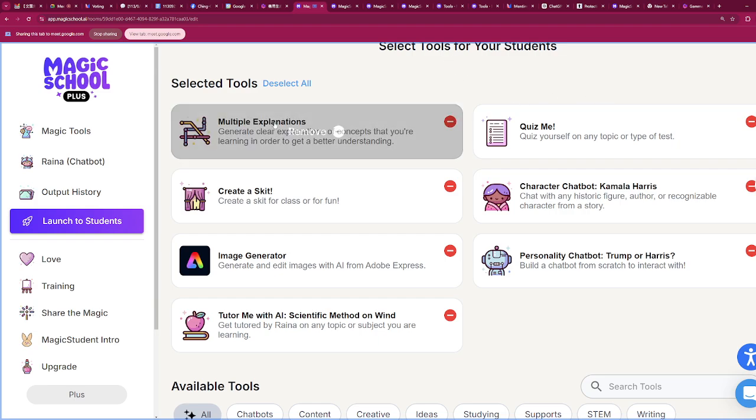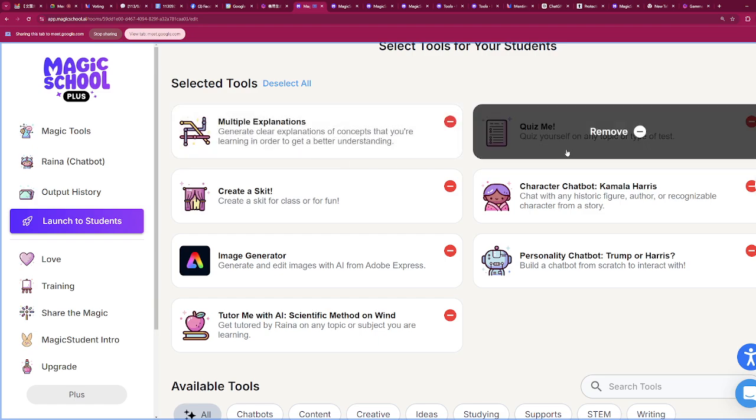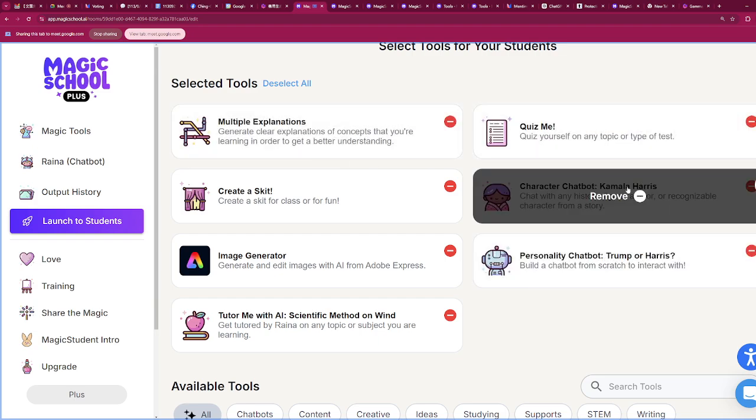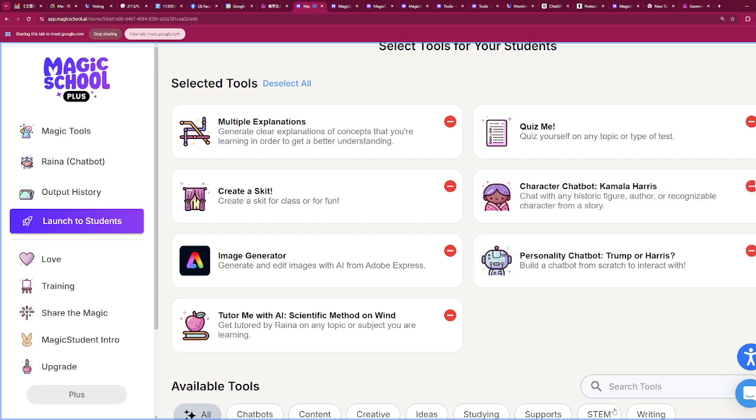It's got multiple explanations, quiz me, character bot with Kamala Harris, personality chat, Trump or Harris, image generator, tutor me with AI, and the scientific method on wind, if you're a science teacher.